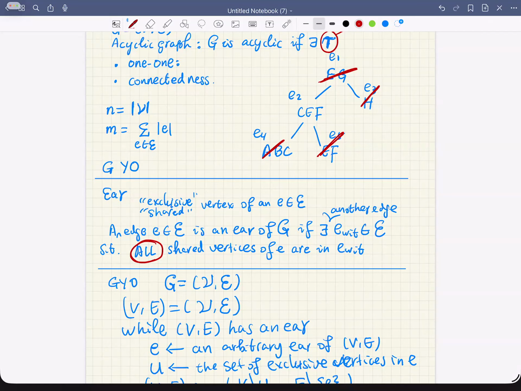So now CEF is an ear. Actually, CEF already became an ear at this point, once E3 is removed. But anyway, let's say you remove ABC. When you have only one edge left, this is definitely an ear.